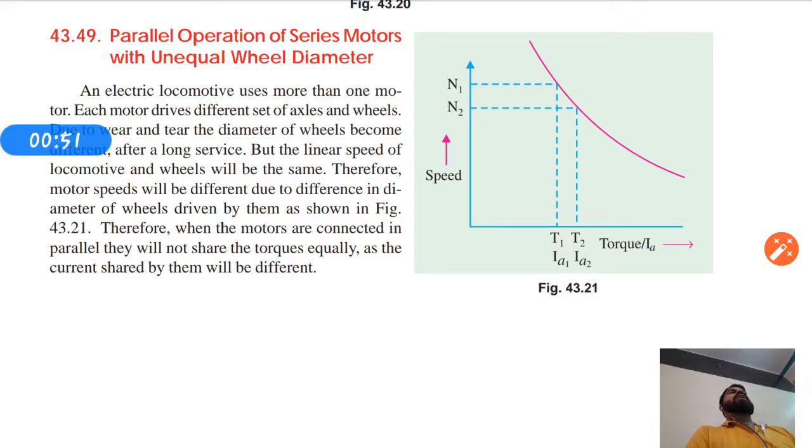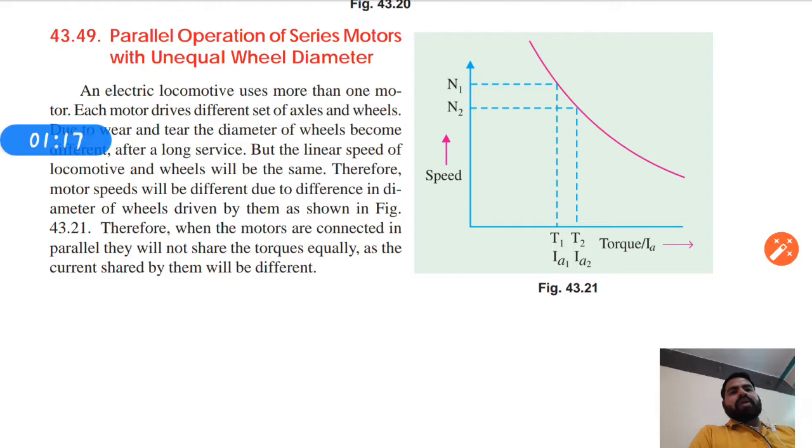So here we will discuss which type of arrangement or combination is best suited for the traction purpose: the series, the parallel, or the combination of series and parallel. In this way we will discuss the parallel operation of series motor with unequal wheel diameter.